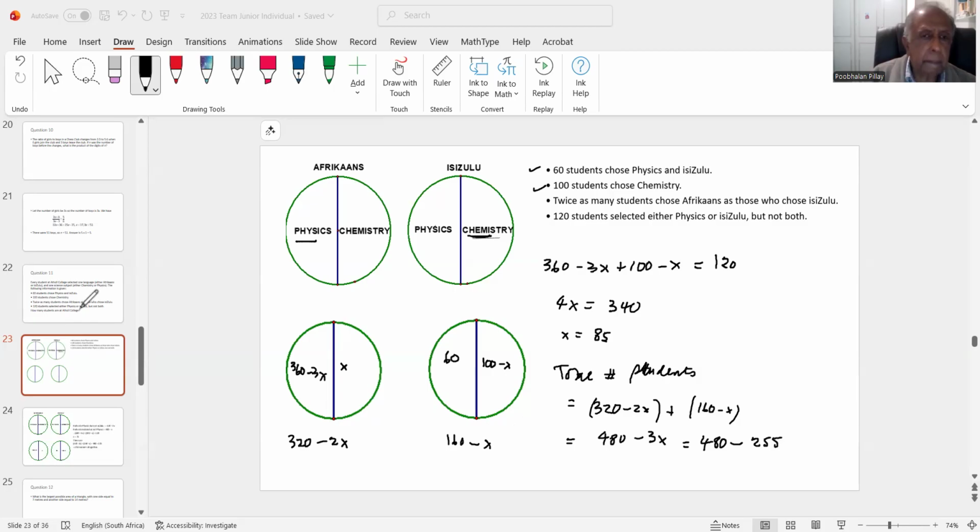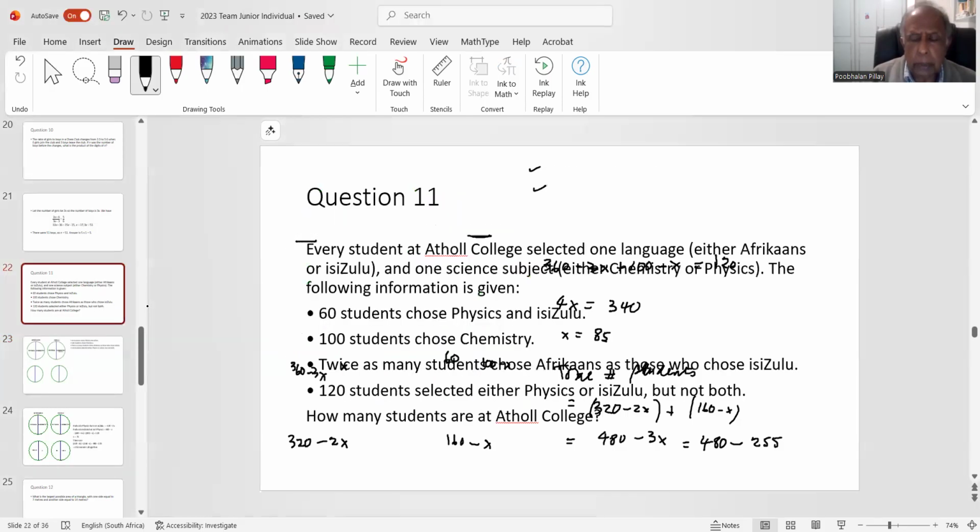Was that the question? Just one moment, please. Let's go and look at the question. I forgot what the question was. How many students are at the college?